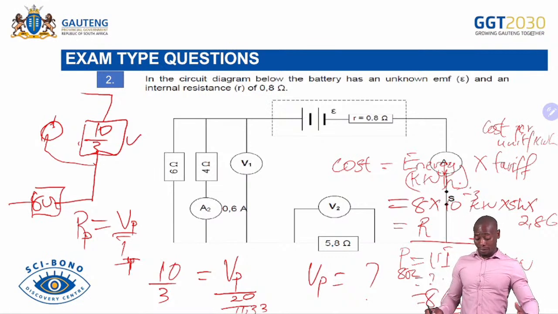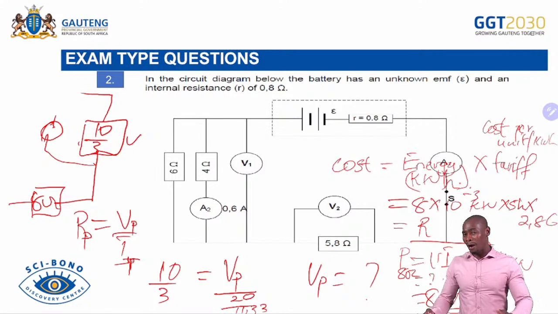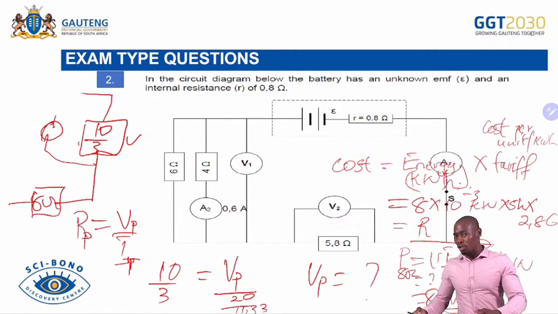Then you get your answer there in rands, or if they want it in cents, it will depend on the examiner. But how do we calculate the cost of electricity? You need energy in kilowatt hour. First thing that you need to do, you calculate power. Power that you're going to get will be in watts. Convert watts to kilowatts. How do you convert watts to kilowatts? You divide by 1000, or you multiply by 10 to the power negative 3. Obviously, now you will have power in kilowatts.